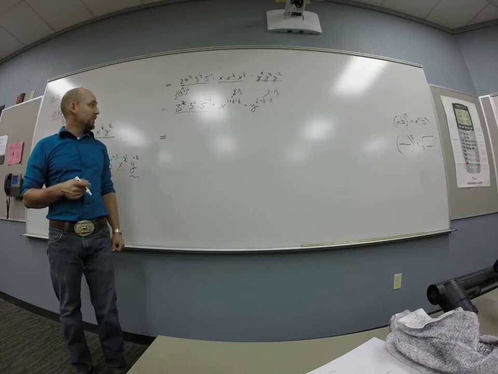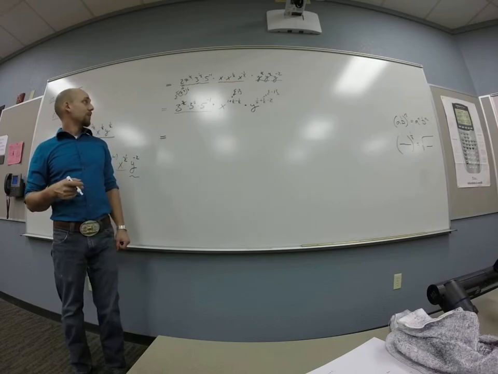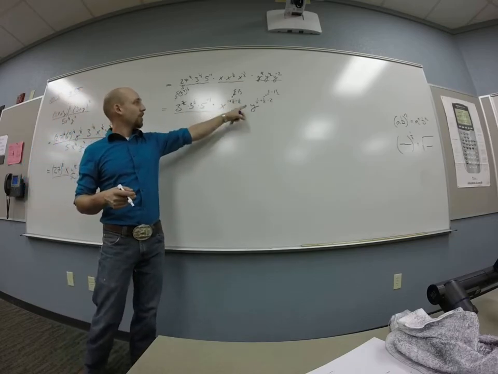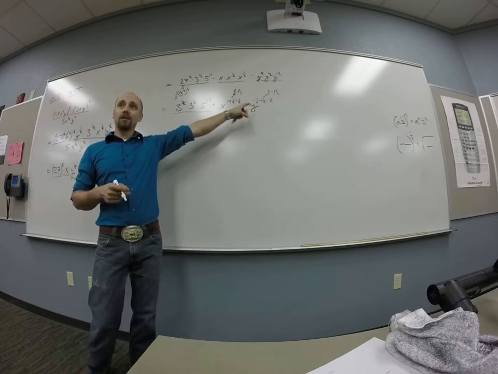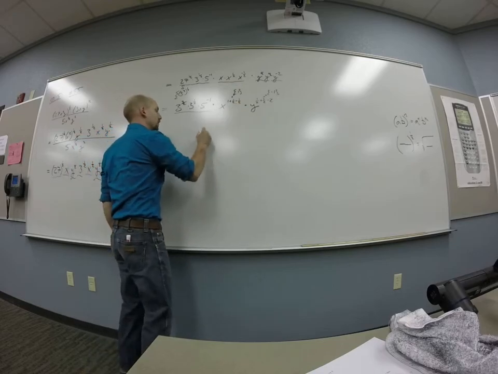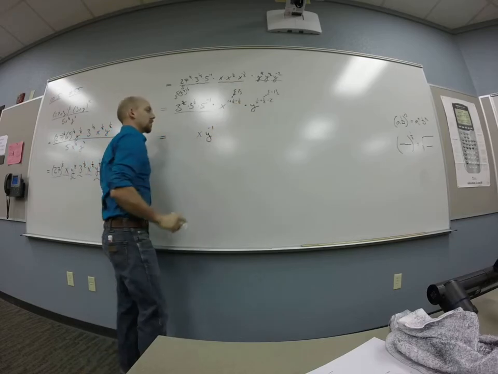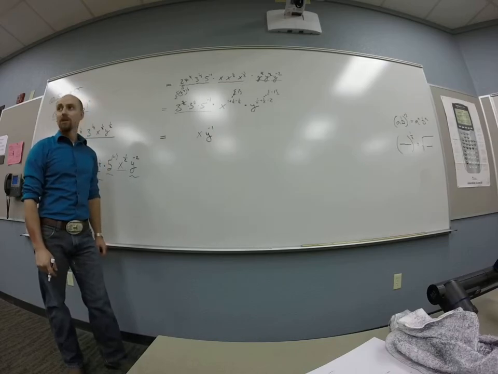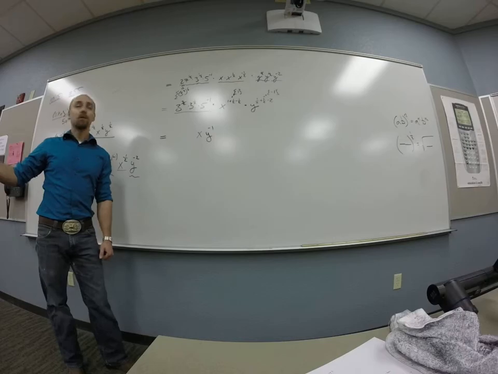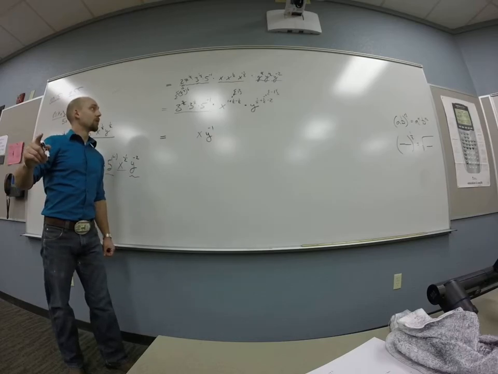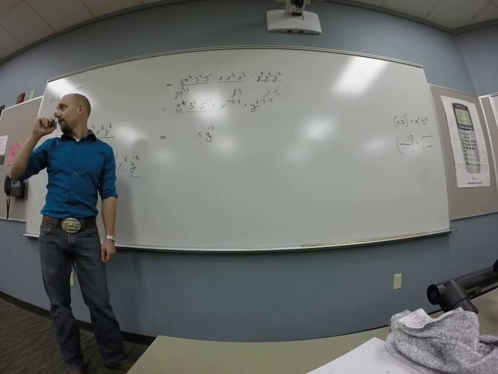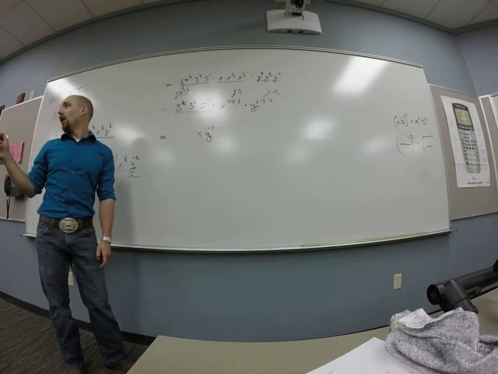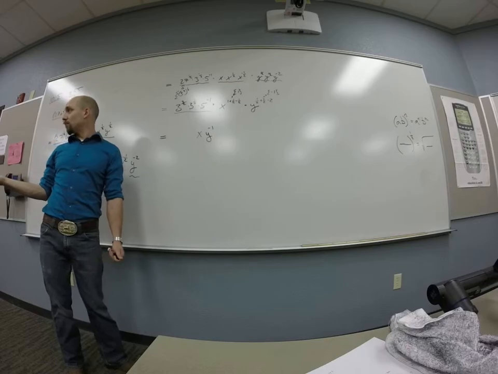All right, to finish this off, I had x to the 1 and y to the minus 1. Then what am I left with for numbers? 5. I want to combine the exponents for the same bases.